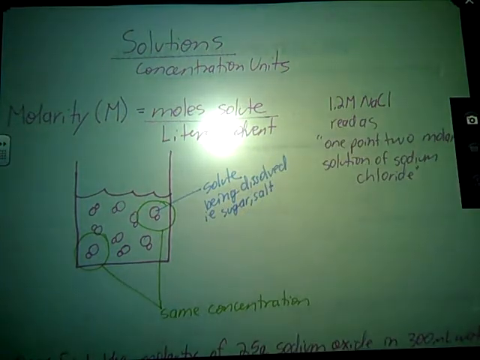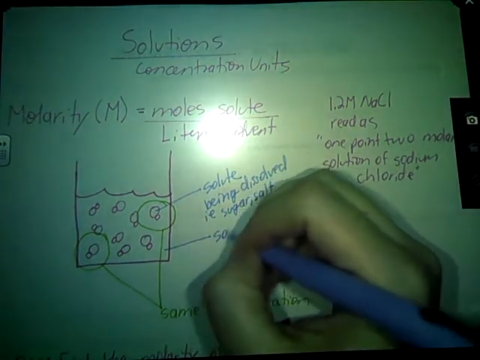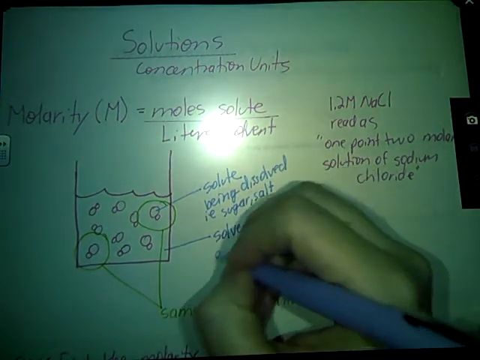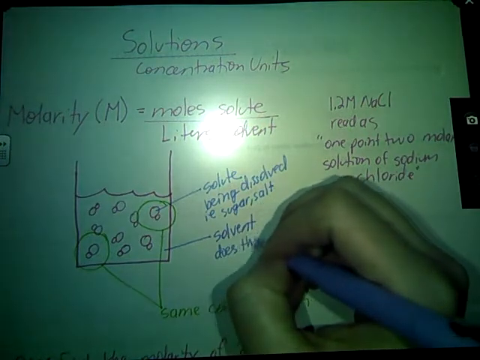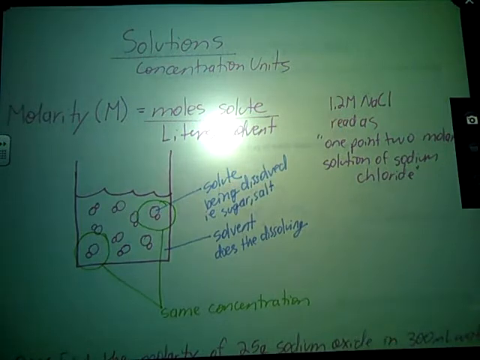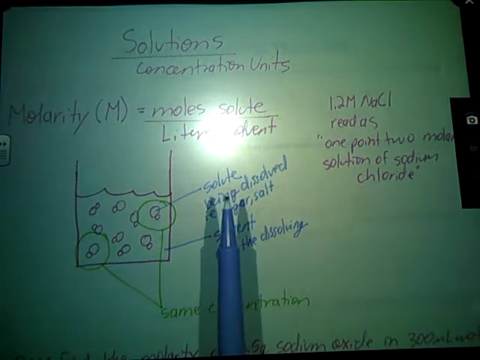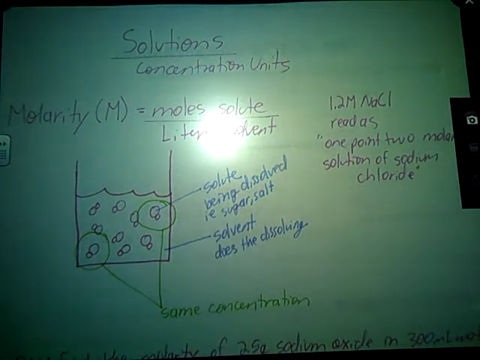It's the thing actually being dissolved. The liquid in which it is dissolved is called the solvent, so it does the dissolving. I'll spend another video talking about the actual solvation process, but for now suffice it to say that my solvent can pull apart or suspend my solute molecules in order to create this evenly distributed solution.